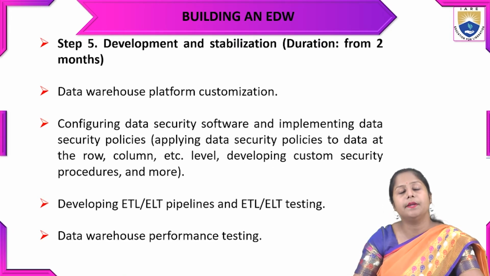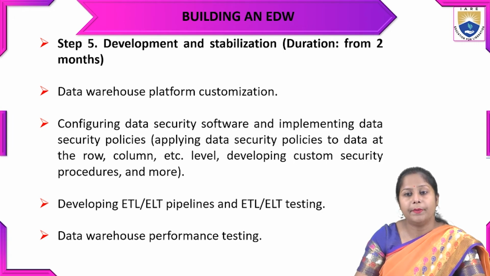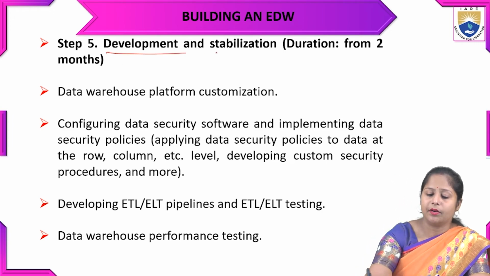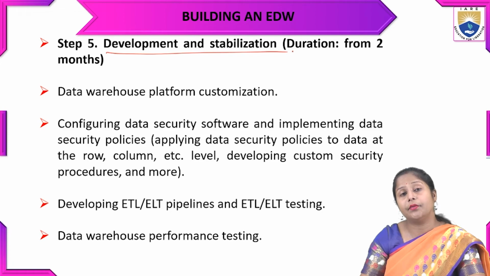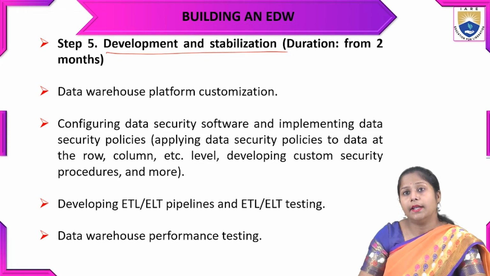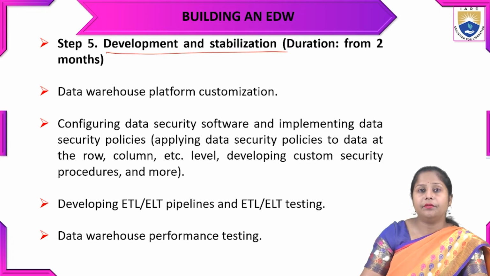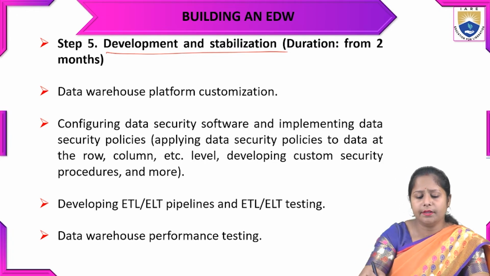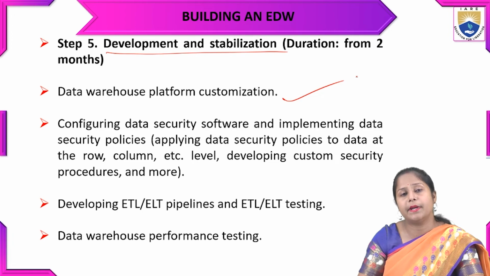Next, in the fifth step, development and stabilization will be taken care of. The duration for this is from the second month of the start of the project, when we will follow the development and stabilization. In that, we have to check the data warehouse platform customization.